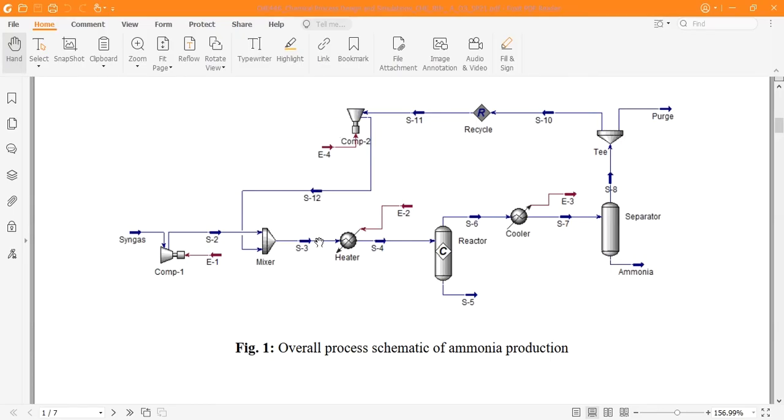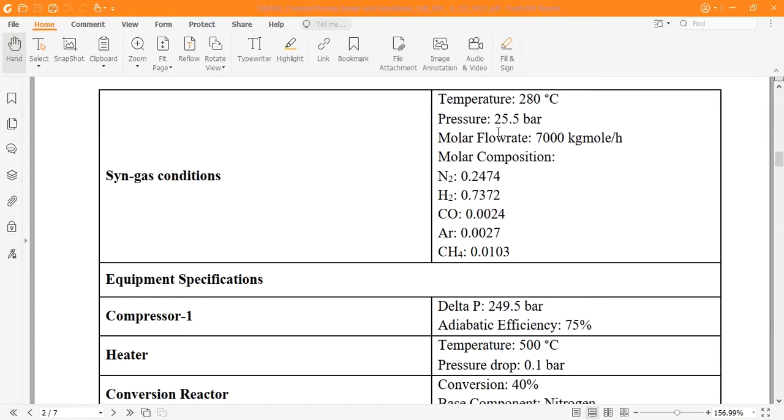So we will be doing the simulation in Aspen HYSYS. First we will build the simulation, then we will give the specifications of the feed, equipment, and so on. Let's quickly move to Aspen HYSYS, but first we will read the conditions of the syngas, which is the feed stream, because we need to first specify the components, and without specifying components and a fluid package we cannot go to the simulation environment.